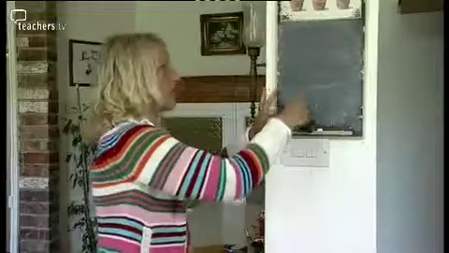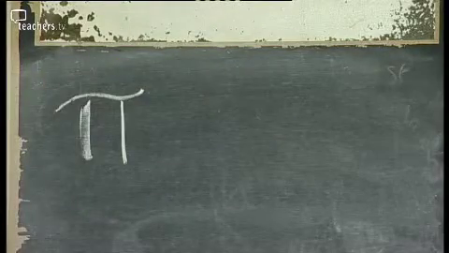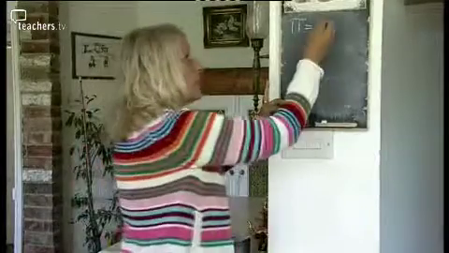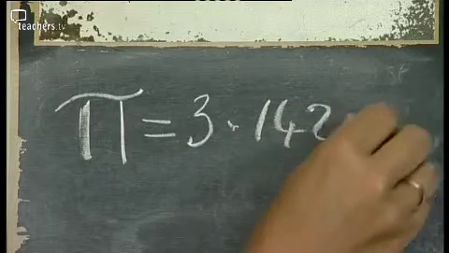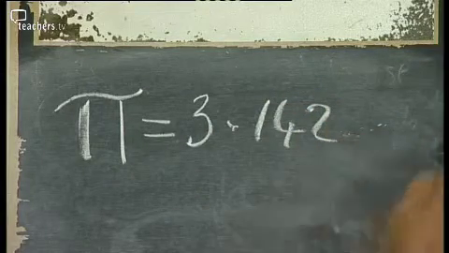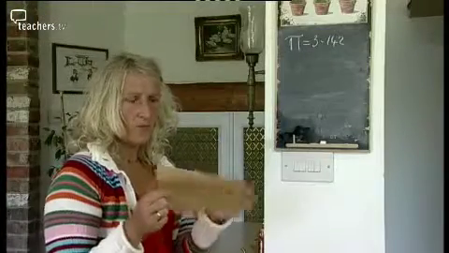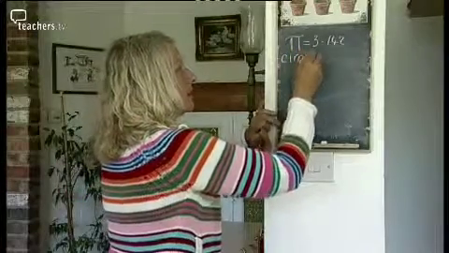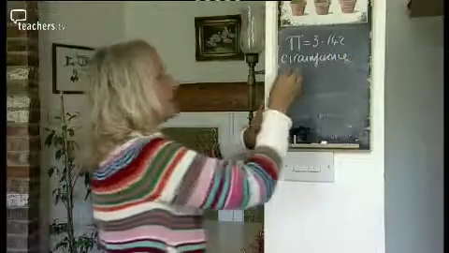And we have a symbol for it, like 2 legs with a lid. Its actual value, we don't have an exact value, but we do know that it starts as 3.142, going on forever. Let's return to where we were before. We had the circumference, and we had the diameter.